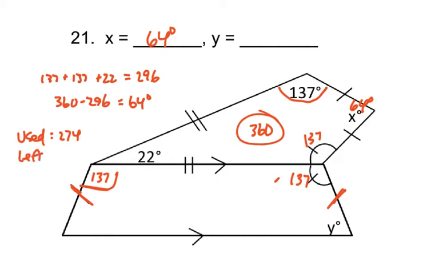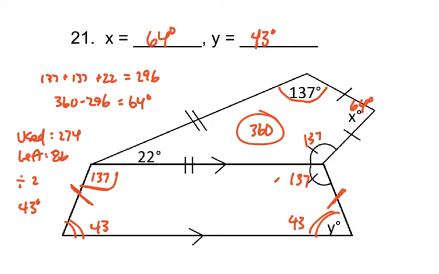We have 86 degrees left. Divide it to separate between the 2 bottom angles here. Each one of them is 43. y equals 43. And that's it on that.